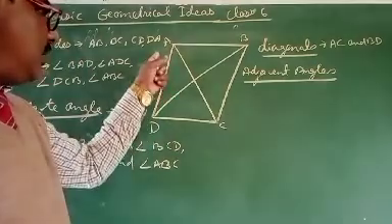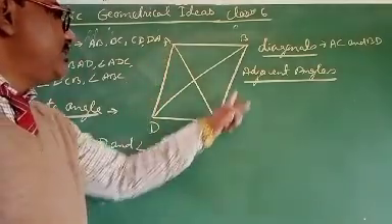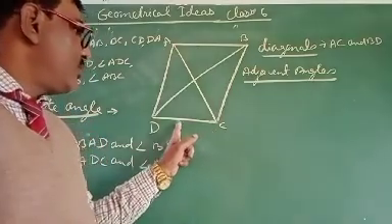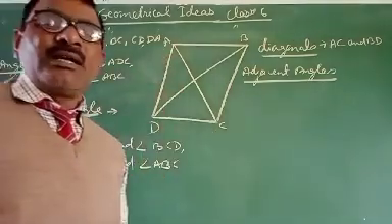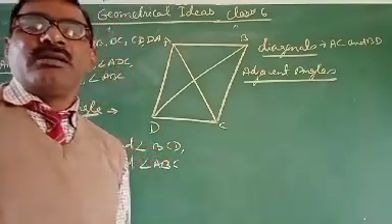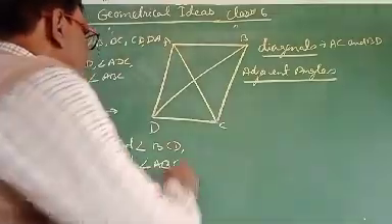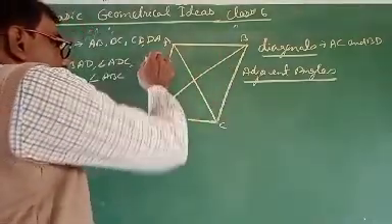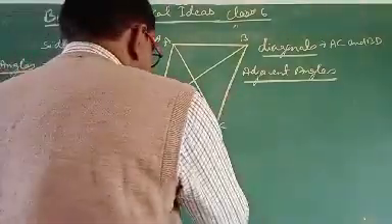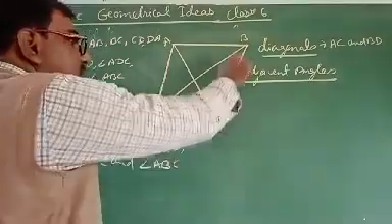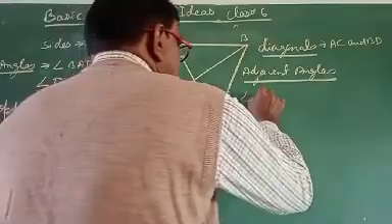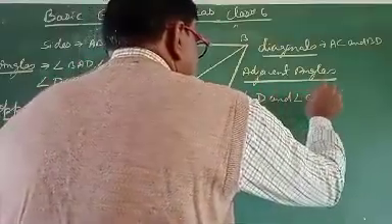We see that in angle ADC and angle DCB, arm DC is common, so they are called adjacent angles. So angle ADC and angle DCB are adjacent angles.